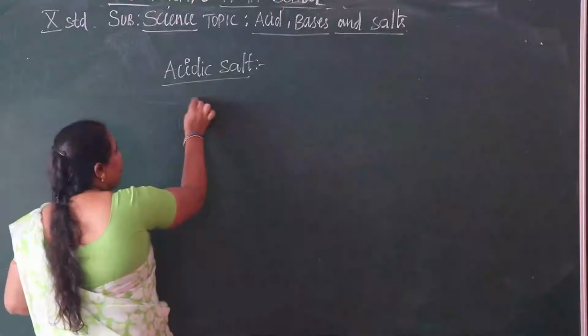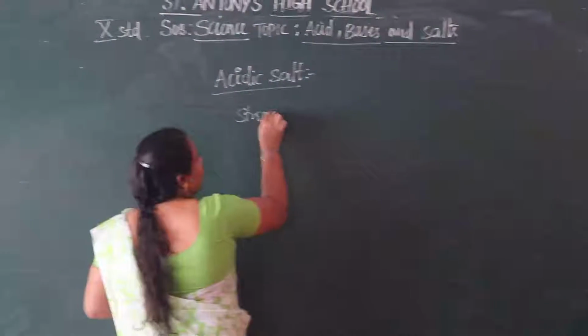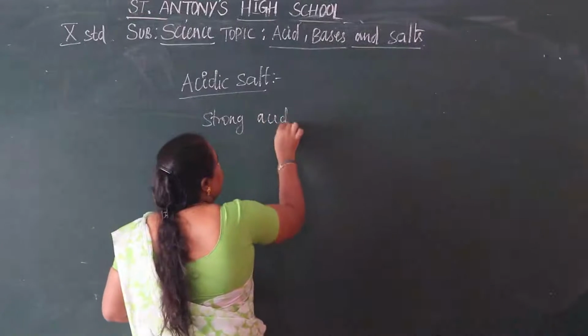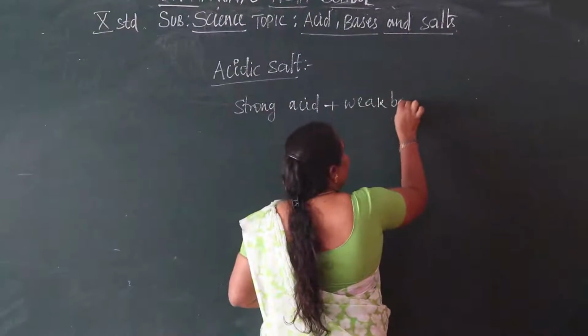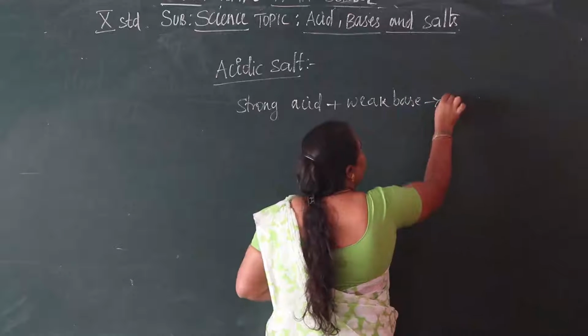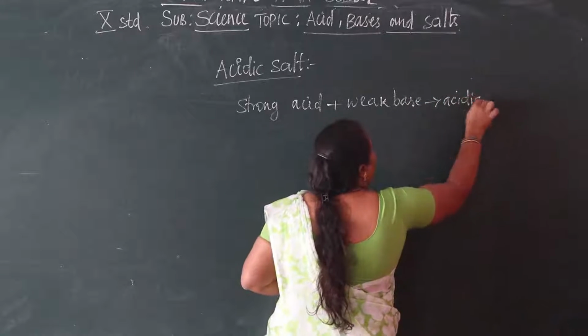Strong acid plus weak base, we get acidic salt.